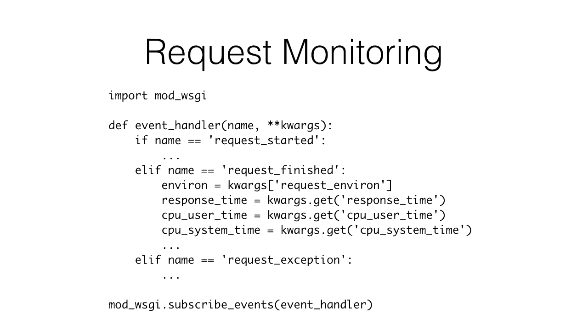Very quickly, last few things. mod_wsgi also has all these things in there for monitoring. There's a way of subscribing to events for getting information about individual requests. So if you are trying to hook up to something like Datadog, mod_wsgi does all this hard work for you when they're ready for timing requests, getting how much CPU time was used for an individual request, and you can graph all of that.